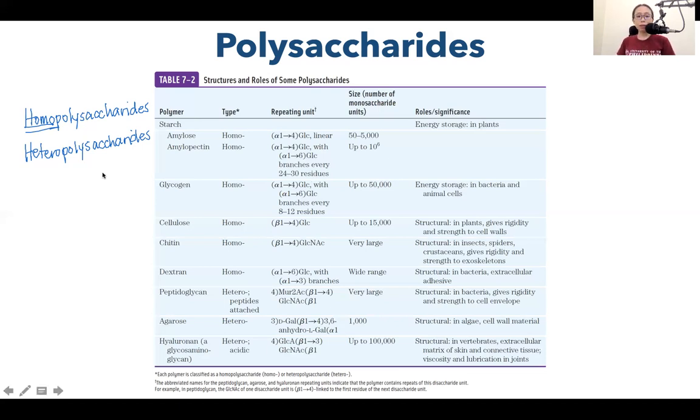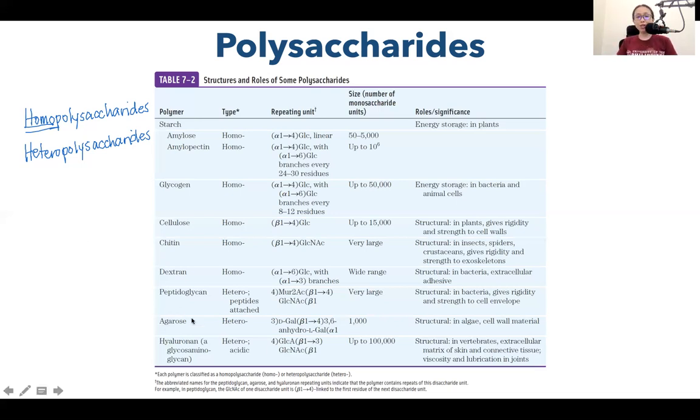Now, heteropolysaccharides, an example, are those polysaccharides attached to your proteins involved in cellular adhesion and recognition. In the extracellular matrix, some of these heteropolysaccharides actually provide the framework where your cells are attached.